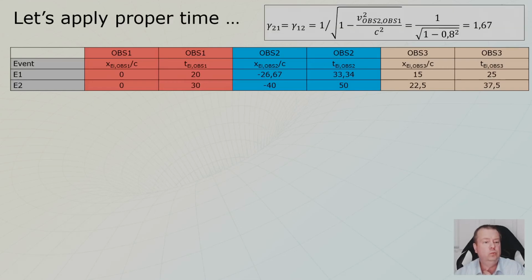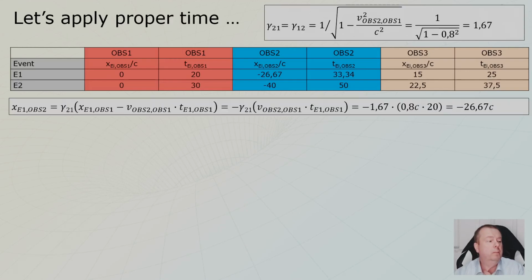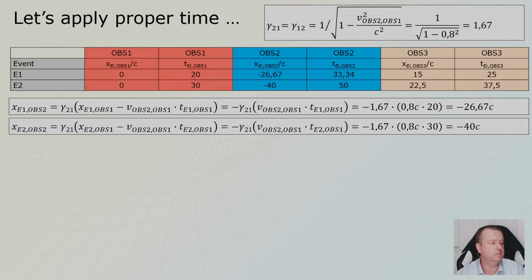And then if you know what the gamma is, and you apply the Lorentz transformation, you can calculate the coordinate of event 1 through the eyes of observer 2, which is minus 26.666666 c, right? Just apply, get rid of intuition, apply the Lorentz transformation.